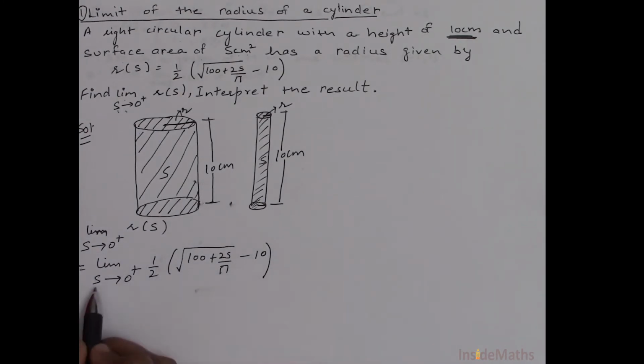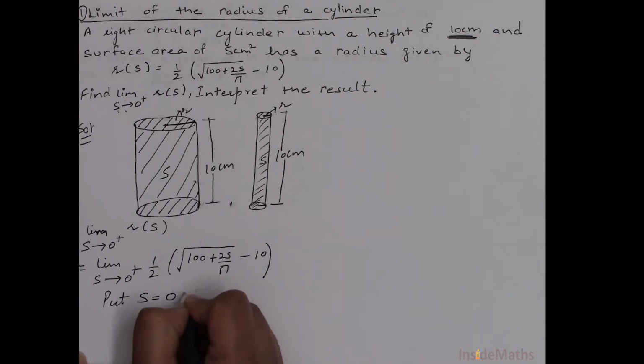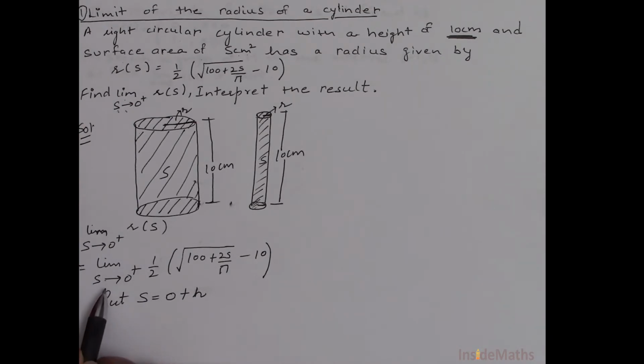Now the limit is given by s approaches to 0 positive. I'll change this limit into a normal limit by putting s is equal to 0 plus some variable h. Now here s is approaching to 0 positive. That means the value of s is slightly more than 0. So what I can take, s is equal to 0 plus something.